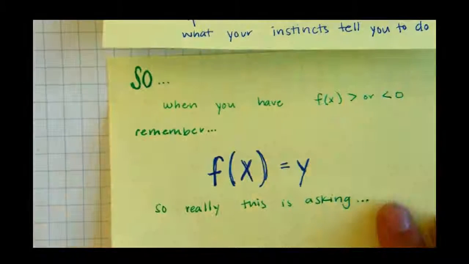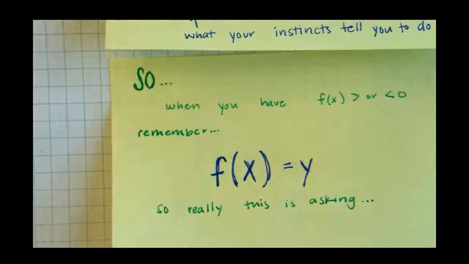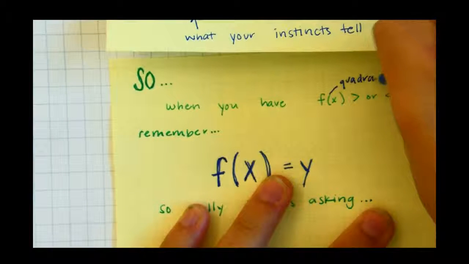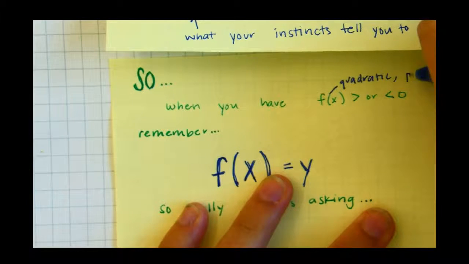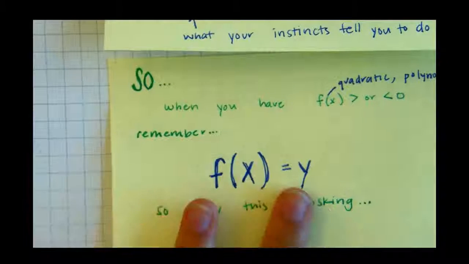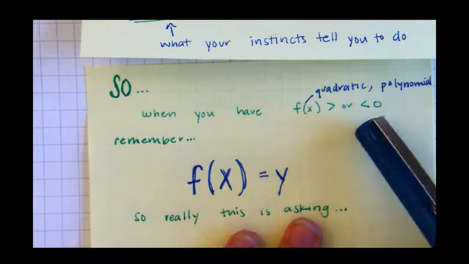When you have a function, we'll call it f of x, f of x can be a quadratic, or it could be a polynomial with terms higher than an x squared. And that quadratic or polynomial is set greater than or less than 0.